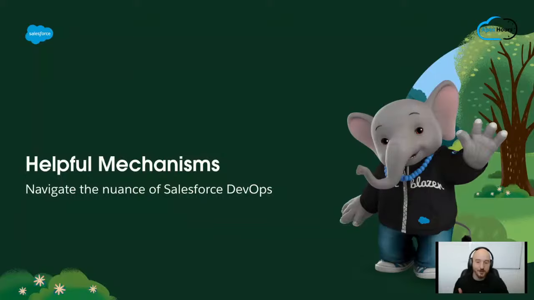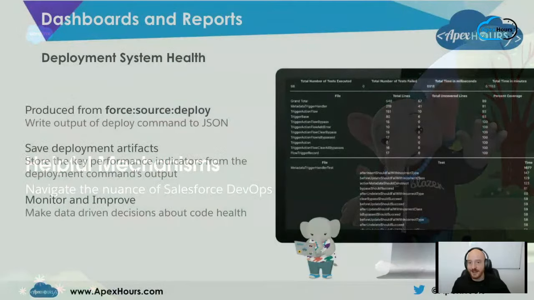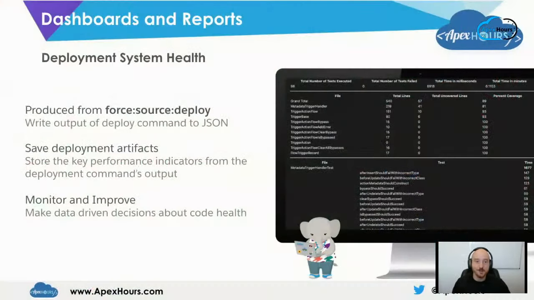So now we're going to switch gears here just to share some helpful mechanisms that we've built to navigate the nuance of Salesforce DevOps. So there are some things that we've built that I think are pretty cool. Number one is dashboards and reports. What we can do here is we can create a deployment system health dashboard that gets automatically generated every single time you deploy your components to your Salesforce org or run a pre-submit job.